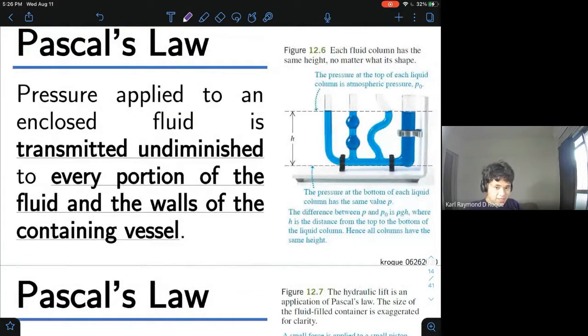Okay, next. Pascal's law. Pressure applied to an enclosed fluid is transmitted undiminished to every portion of the fluid and the walls of the containing vessel. So, if mag-apply ako ng force dito, dyan, lahat yan pare-pareho ng pressure. No?